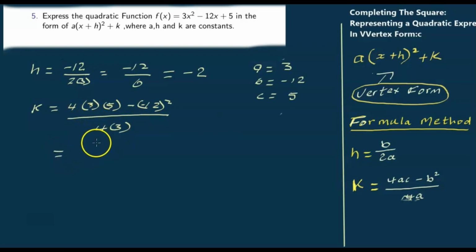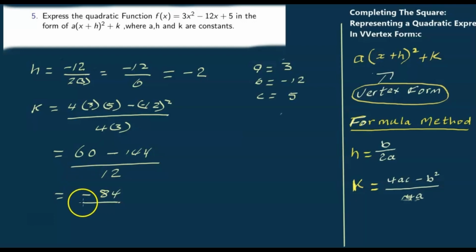The numerator is 4 times 3 times 5, which is 60, minus 144, all over 12. 60 minus 144 gives us negative 84 over 12. And negative 84 divided by 12 will give us an answer of negative 7. So therefore k is negative 7.